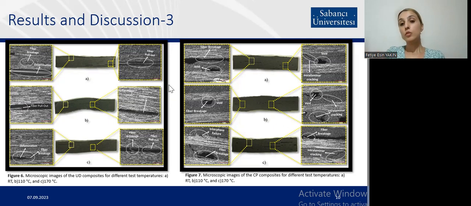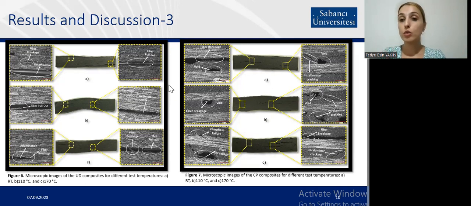On the other hand, when we look at the cross-ply lamination, as I said before, the void content is less than the unidirectional. However, you can see the intimate contact is also less than the unidirectional, due to the fiber orientation of the composite lamination.